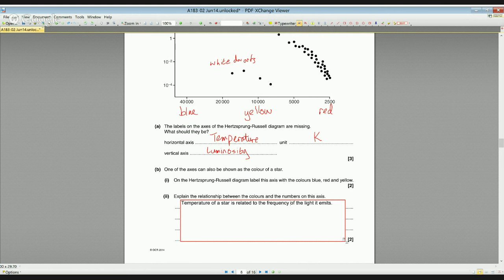In particular, we can add to that the principal frequency. That's the frequency of light that is most emitted by the star. It might emit a whole load of different frequencies, but that's the biggest one.